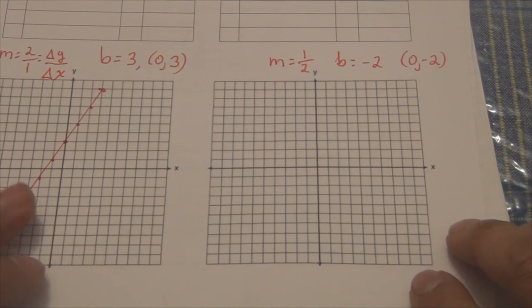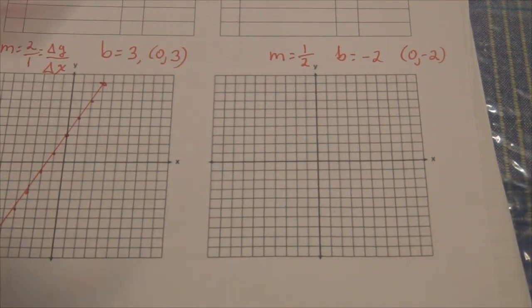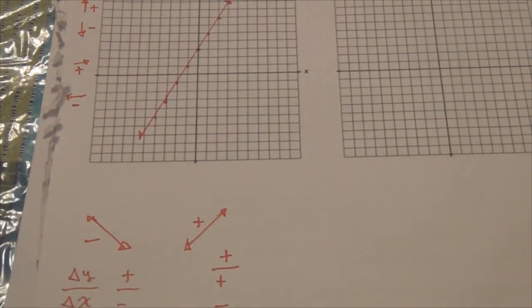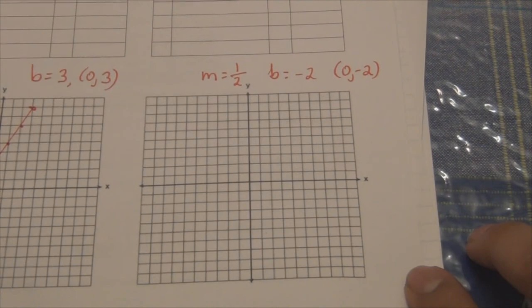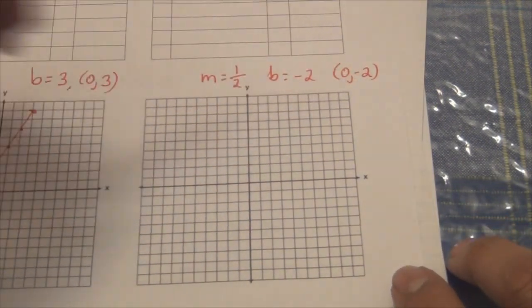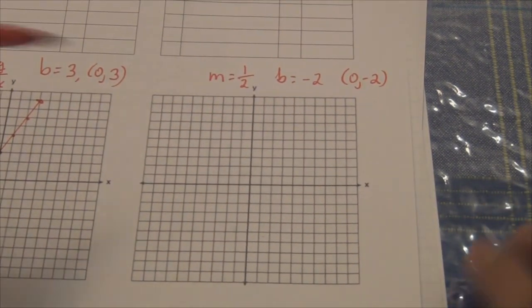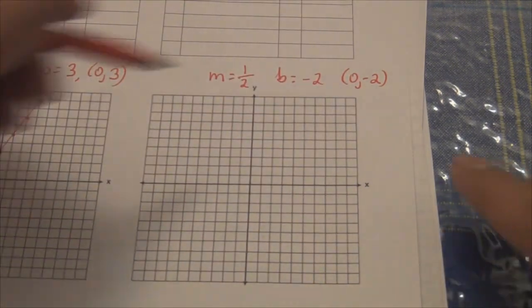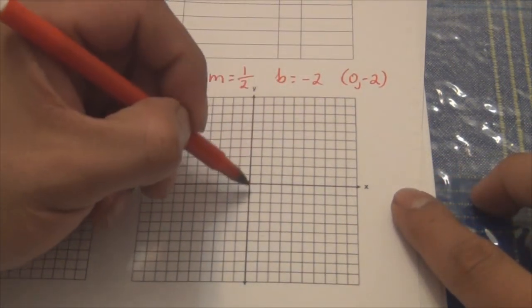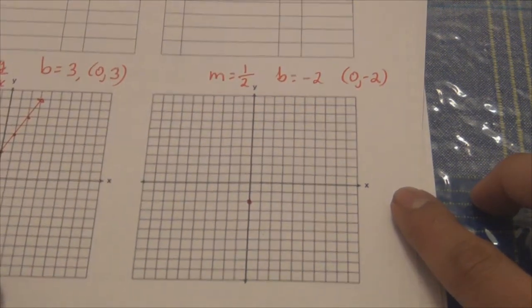So now, let's graph. The slope is positive, so we already know what the line is going to look like. Okay? Don't ever lose sight of that. And the y-intercept is 0, negative 2. Basically, the y-intercept determines whether the line is going to shift up or shift down. So in this case, 0, negative 2, right here.